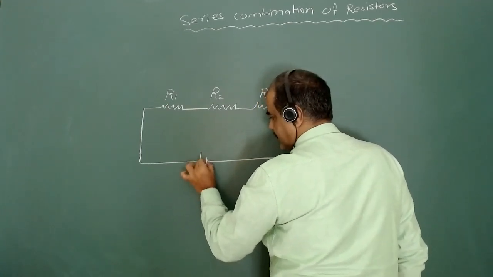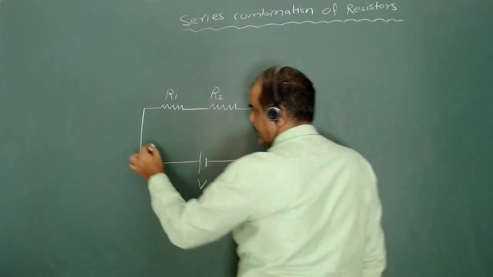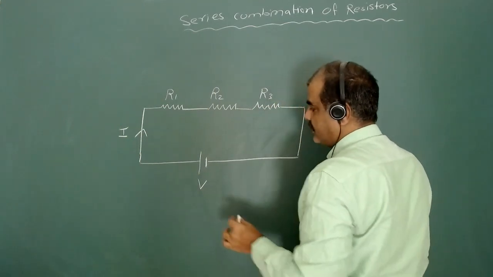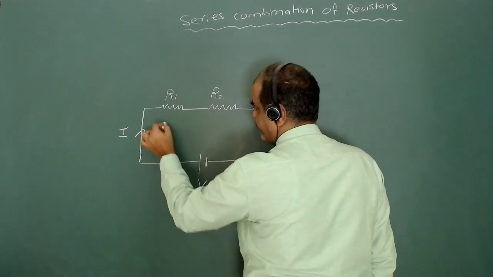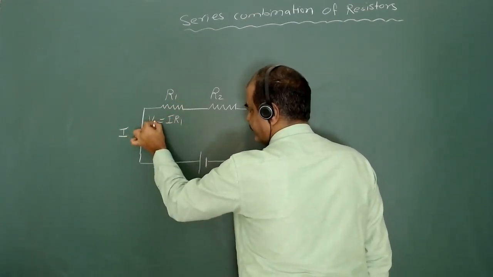For example, let the voltage of the battery be V, and I current flows through the circuit. From Ohm's law, the voltage drop across R1 will be I R1, say this is equal to V1.